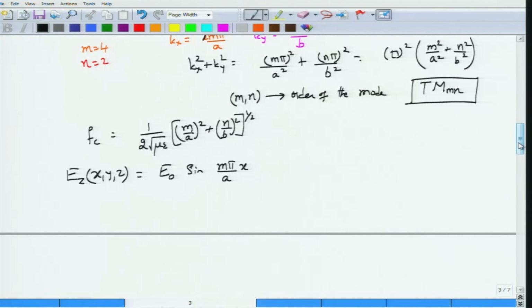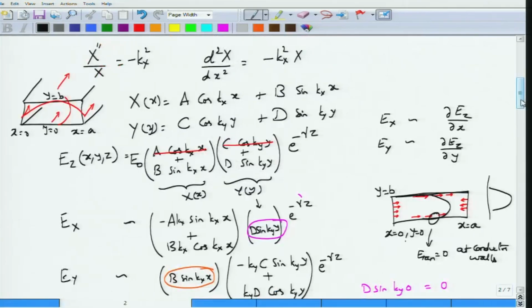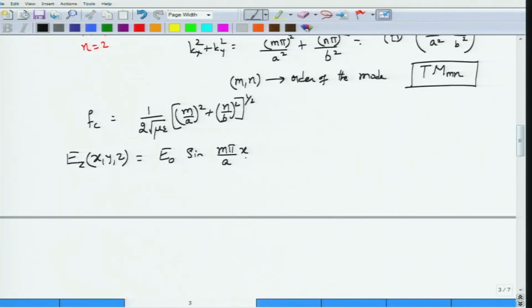So similarly, in this Ez condition, I have sin kx x and sin ky y. There are again two constants b and d, but I don't have to really worry about those constants. I can push all those constants into E0 itself and then just write the functional dependence.